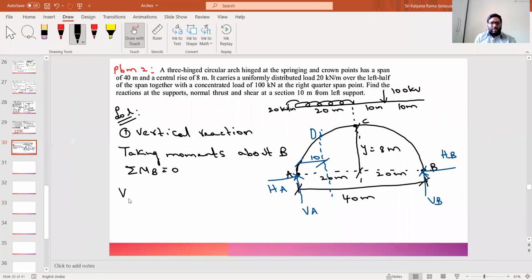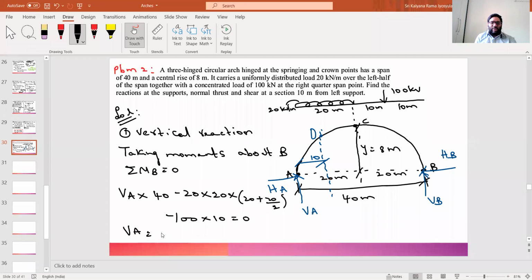So what do we get? VA into 40, minus 20 into 20 into (20 plus 20 by 2), that is W into L by 2 distance to B, and then minus 100 into 10 is equal to 0.